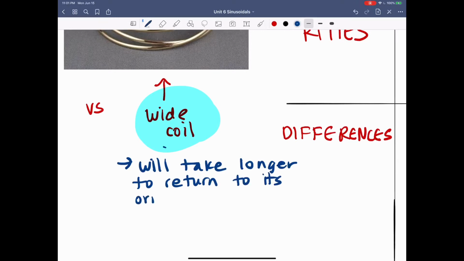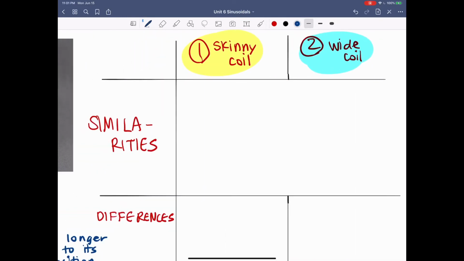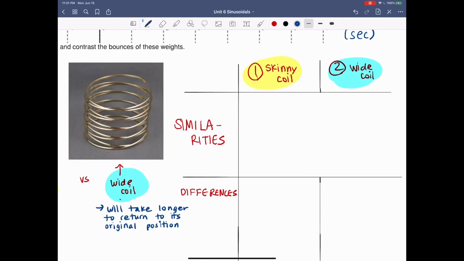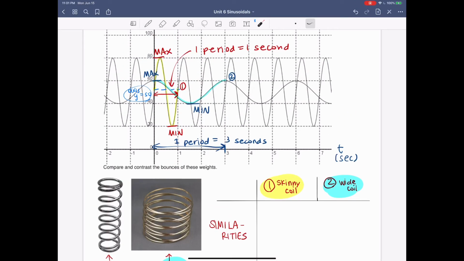And the pictures I chose kind of resemble that the skinny coil will likely bounce really quickly up and down, whereas the wide coil will be very subtle as it's going up and down. So just keep that in mind. Skinny coil versus wide coil is one way I was labeling the graph. So with that in mind, I concluded that the wide coil will take longer to return to its original position based on its material and perhaps the radius of the coil.